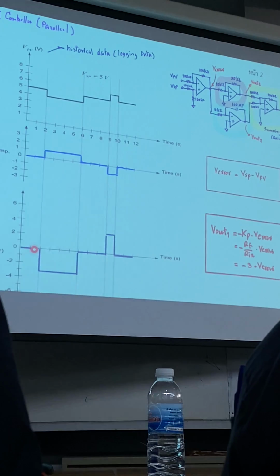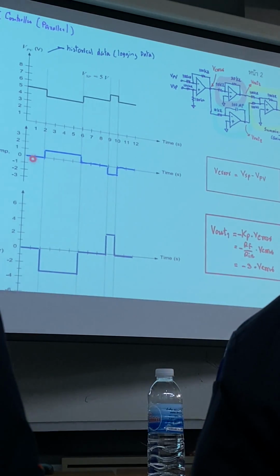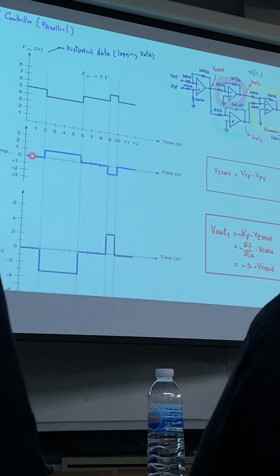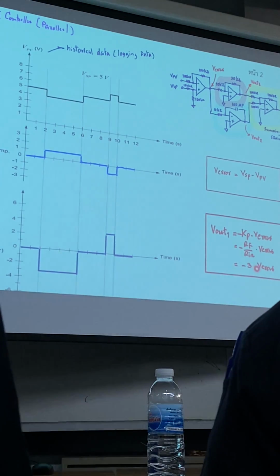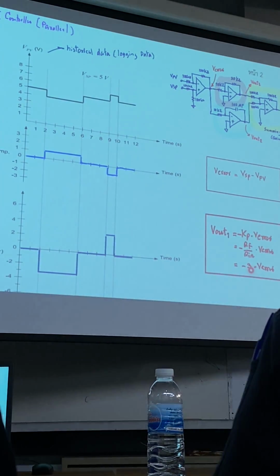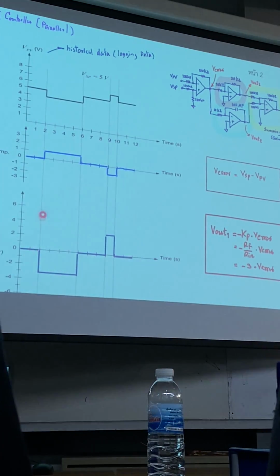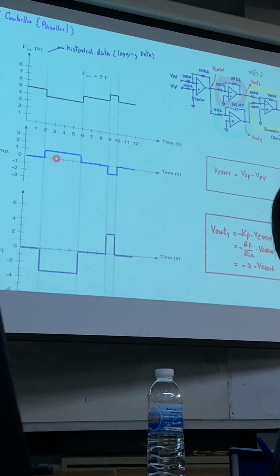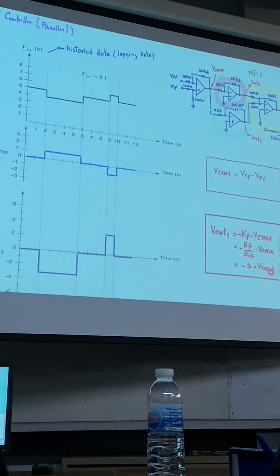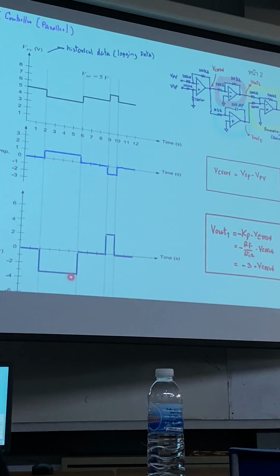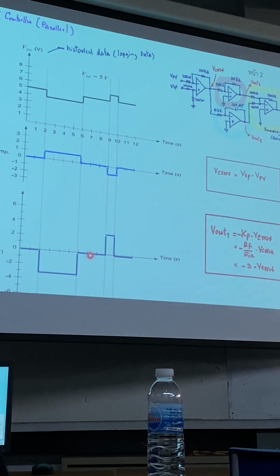In the first section, you simply take this V error of 0 and multiply it by minus 3, you have 0. Then in the second interval here, you have 1 times minus 3, you have minus 3. In this interval, you have 0 again, multiplied with minus 3, you have 0.